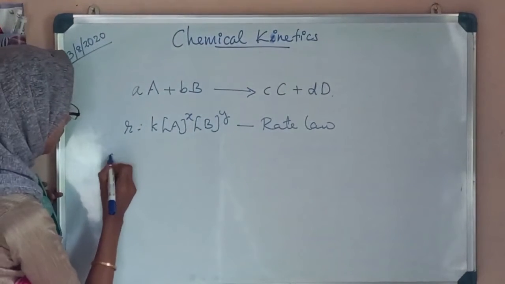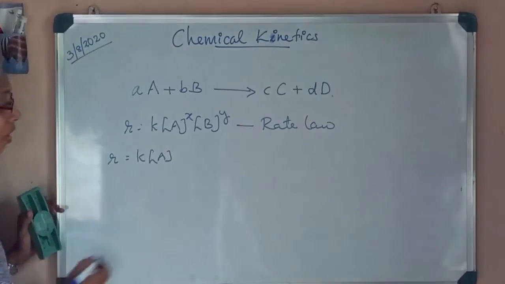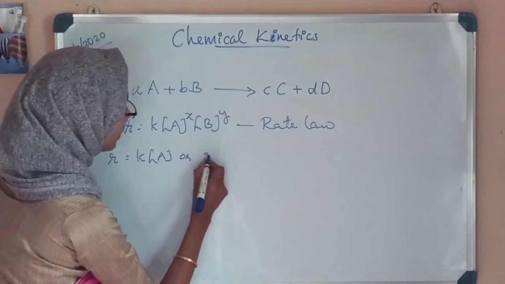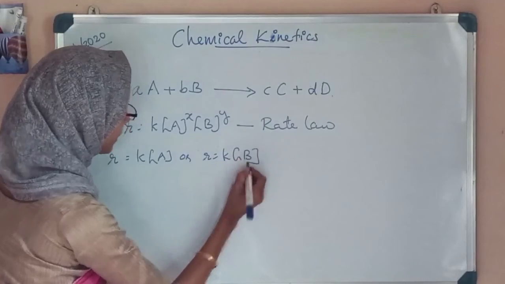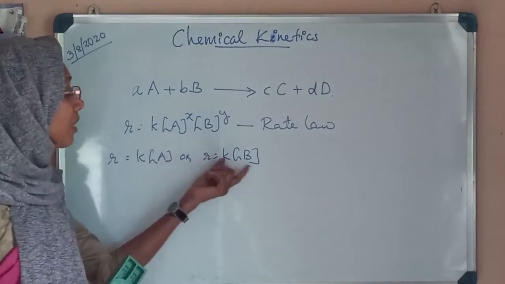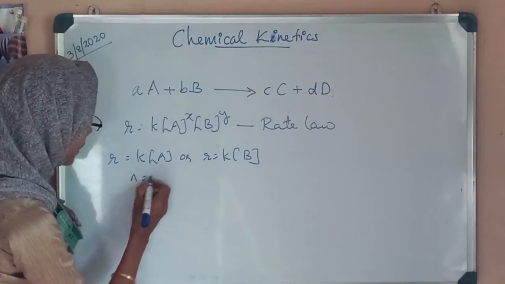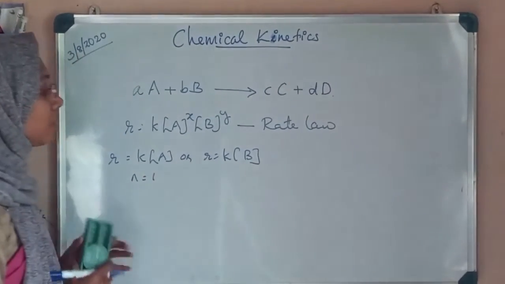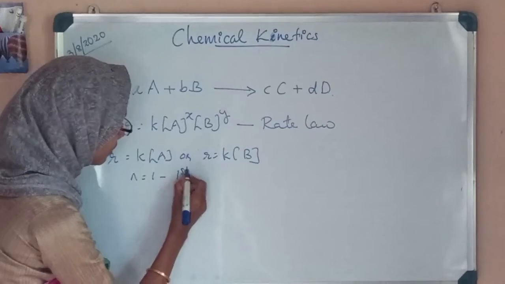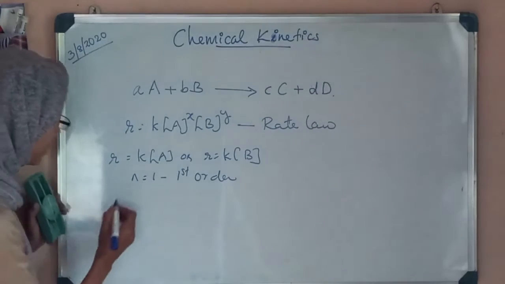Here, for this reaction, if R is equal to K into concentration of A, or R is equal to K into concentration of B, that means the rate of the reaction depends only on the concentration of A or only on the concentration of B. In such cases, the order of the reaction is equal to 1. In both cases, the order of the reaction is equal to 1. This is known as the first order reaction. If n is equal to 1, it is known as a first order reaction.